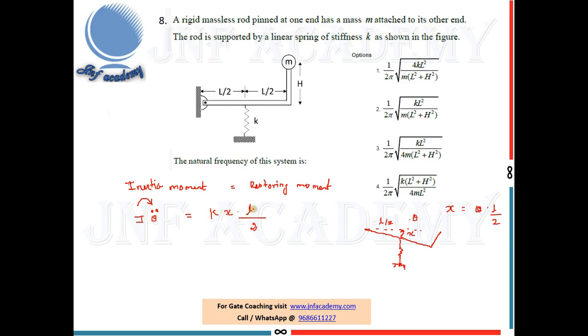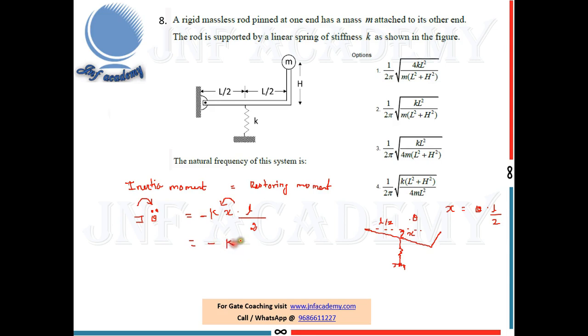So moment is force into perpendicular distance. Since the action is in clockwise direction, the spring will try to resist it, so it will be in anti-clockwise direction. Since it is anti-clockwise, we have to put a negative sign.